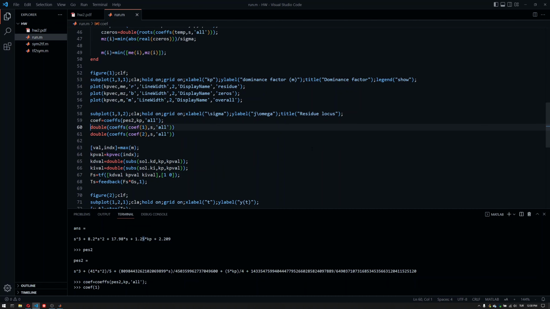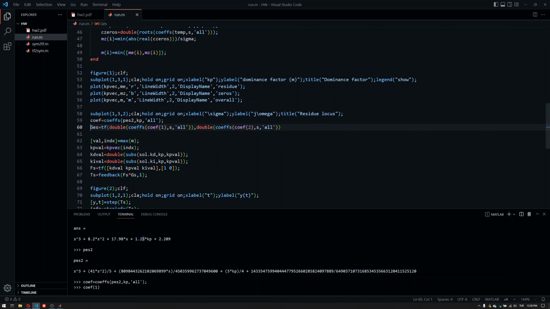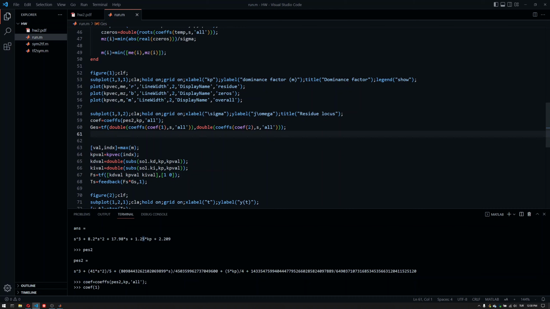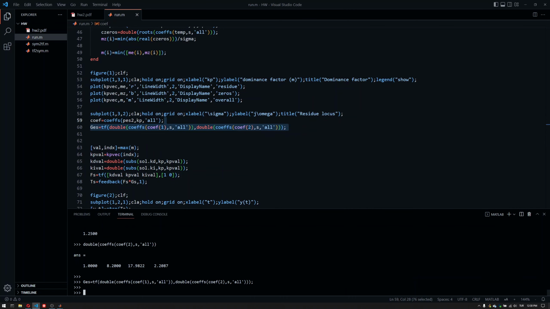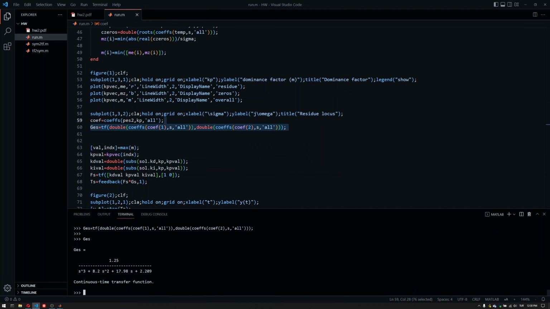So now I can say Ges, something like that, is tf, this, which is the numerator vector, comma this, which is the denominator vector, should give me the corresponding transfer function. And it is this one here. So if you write down one plus kp times this equals 0 and multiply it with this, you will go back to your original polynomial.